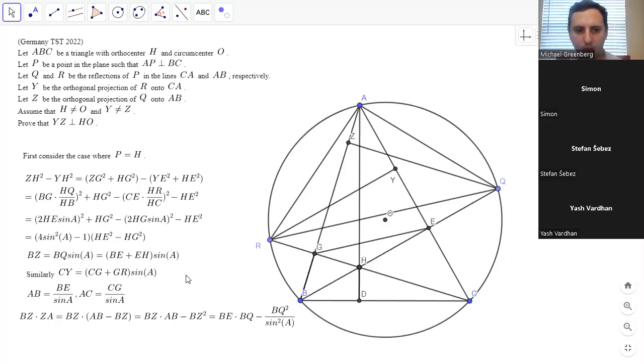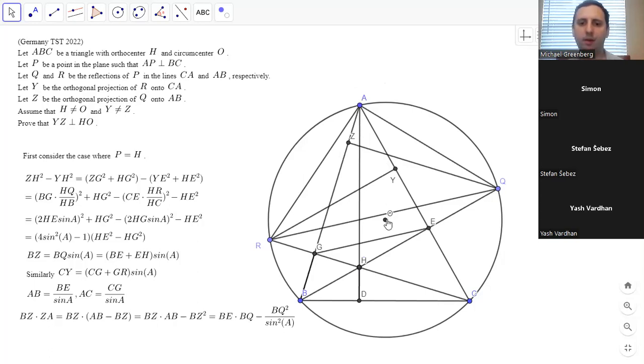Can we also use the fact that the orthocenter and circumcenter are isogonal conjugates in a triangle? Yeah, that's true. H and O are isogonal conjugates. So maybe that might help us. Since we already have the isosceles triangle ARH, when we connect A and O, we will get another angle of the same value.